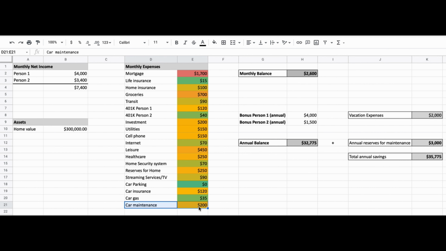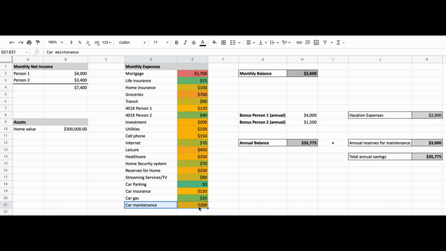Now, this car maintenance, this is something that you have to do some math around. And the reason is that every single situation is different. If you have a Maserati, you will probably spend more on maintenance than someone that has a Hyundai or a Kia. You have to think about maintenance appointments.